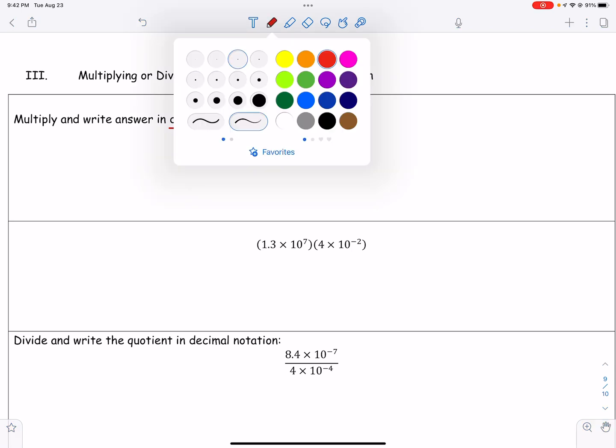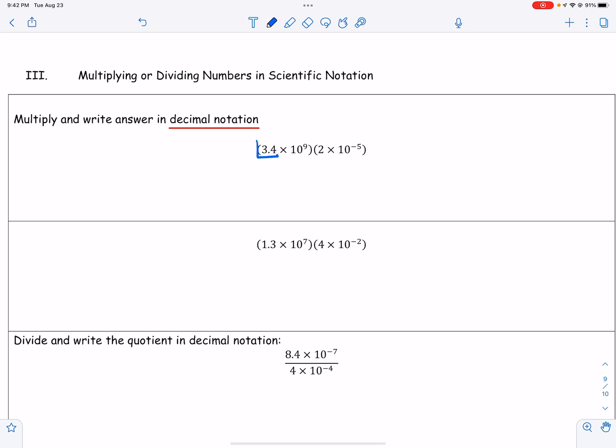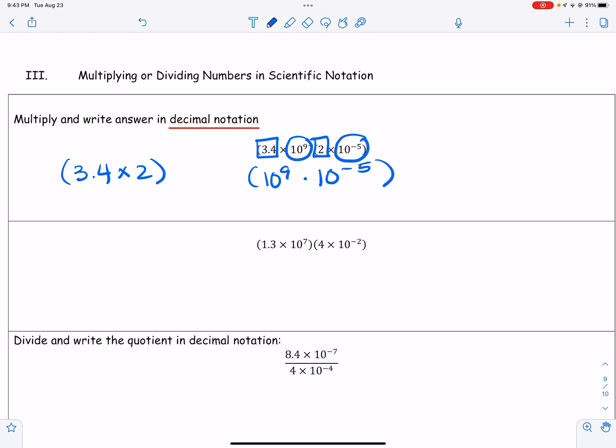Sometimes you can't fit all these zeros on the calculator screen, so you're going to have to do it this way. You're going to take the numbers in front of the 10 and multiply those together. And then you're going to take the like bases, 10 to the 9th times 10 to the -5th, and learn what we did that very first part.